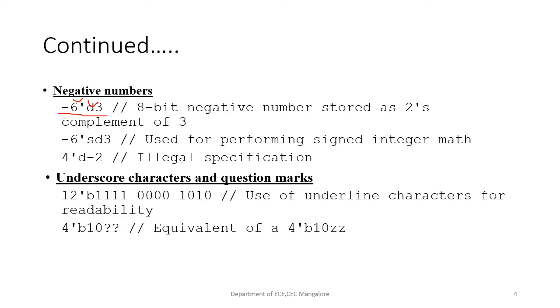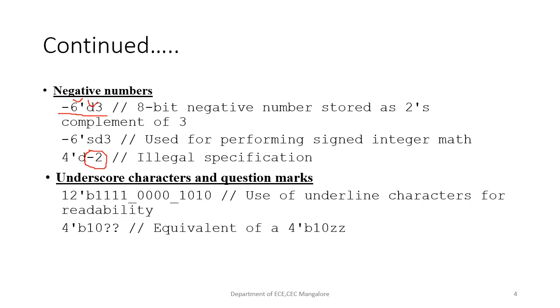-6 tick SD 3 is a signed number, a signed integer, and 4 tick D minus 2 is illegal; you cannot declare it like this in Verilog HDL. The sign should be at the start only, whenever you are declaring numbers.